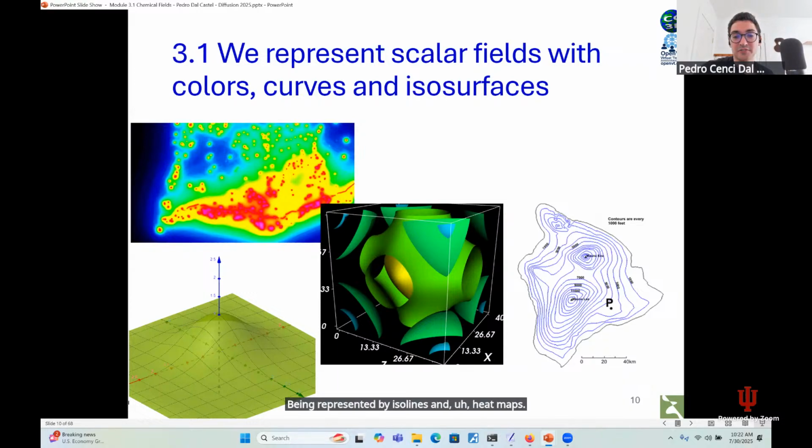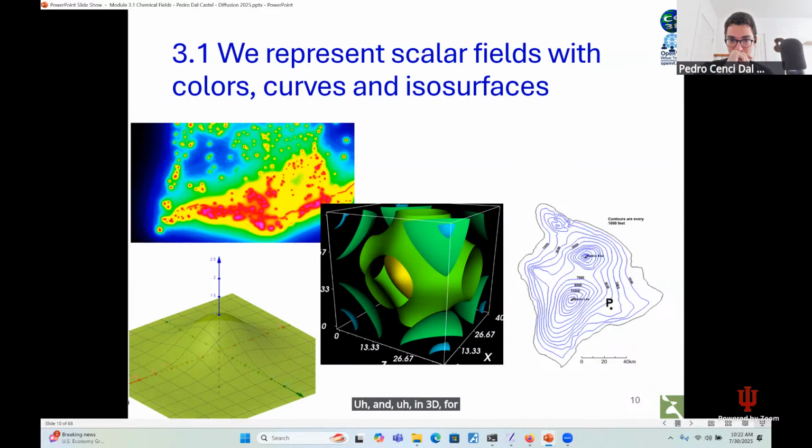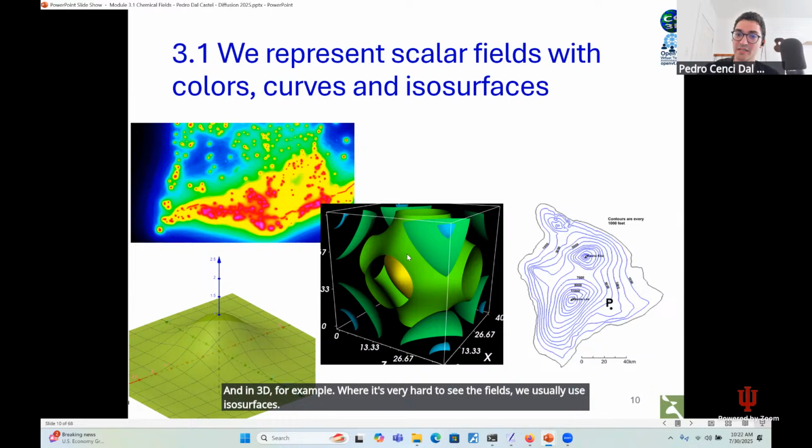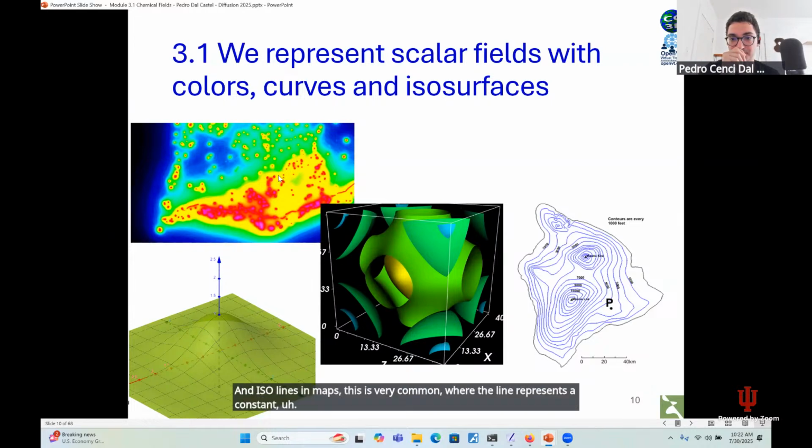The scalar fields are represented by heat maps, isolines, surfaces, and in 3D, for example, where it's very hard to see the fields, we usually use isosurfaces. And isolines in maps, this is very common, where the line represents a constant field intensity.